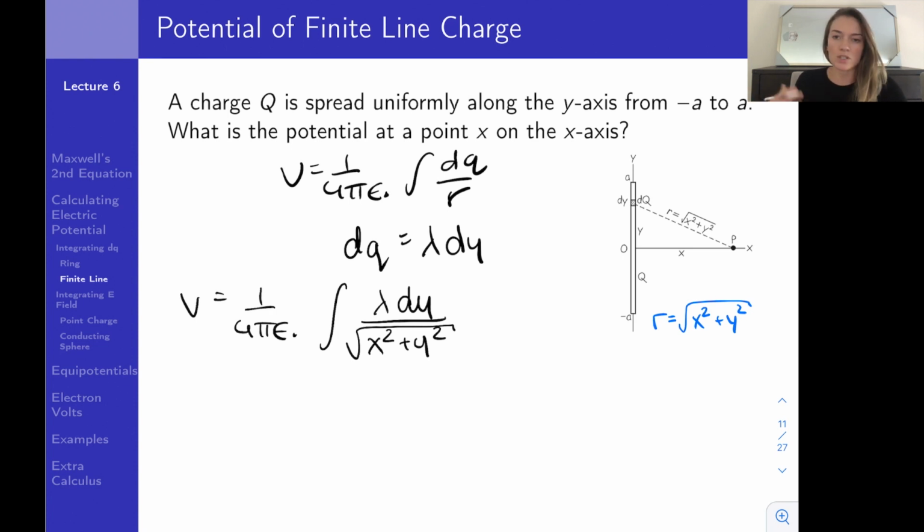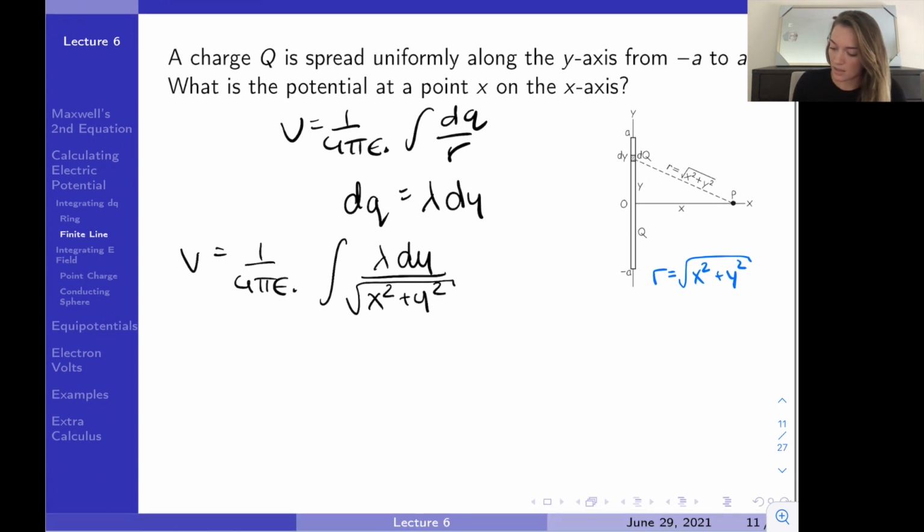Okay, so now we can see that we do actually have to do an integral because we're integrating with respect to dy, and we obviously have a y in our integral. Now, the good thing is that we don't actually have to do this integral because it is beyond the scope of what I would expect for you. So you can just look this integral up. If I asked this question on an exam, I would just give you a table of integrals and you could look up whatever integral you needed. And I forgot to write my limits of integration, which will be from negative a to a, since that's where the charge is located.